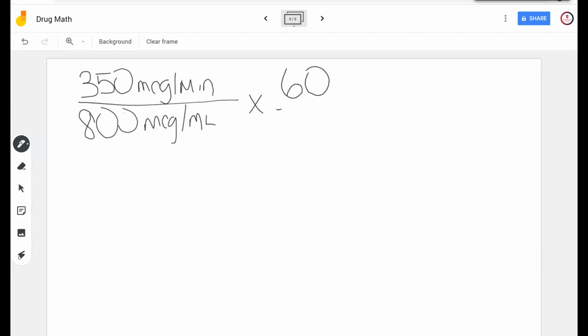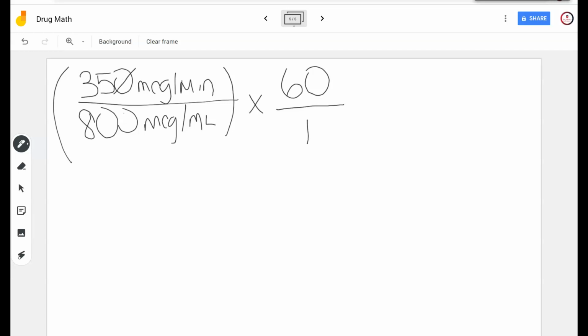I'm going to put this over 1 just so everyone can see that, right? So you can work here and make this a little simpler first if you wanted to. Or you can multiply across, so that would be 350 times 60 divided by 800 if you wanted to. Whatever is your preferred way, okay? It doesn't really matter. But you can simplify it before you multiply over, right?